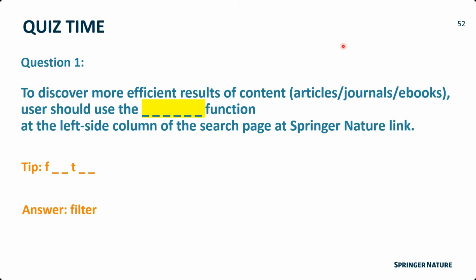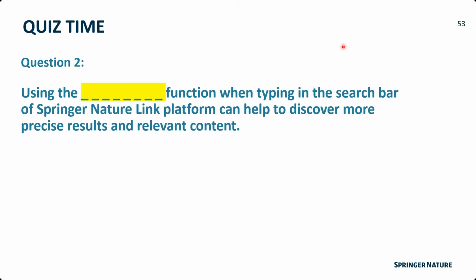Using the what function when typing in the search bar on the Springer Nature Link platform can help to discover more precise results and relevant content? Almost there, almost there. No, try. One Zuriati, you can try again.